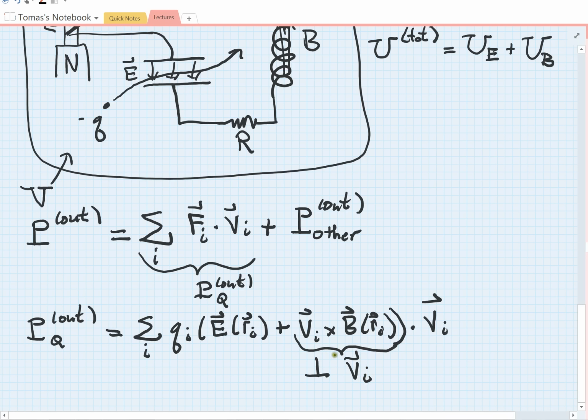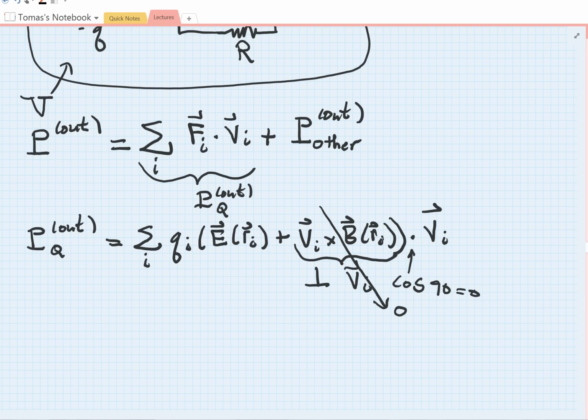But if I have a vector perpendicular to Vi, and then I calculate the dot product with Vi, I'm going to get the cosine for the dot product at a 90-degree angle with respect to Vi, which is going to give me 0. So this term here, at least, I know, vanishes. There's no work associated with the magnetic field. It can't actually do any work on any moving particles. So all that is left then are these terms from the electric field.